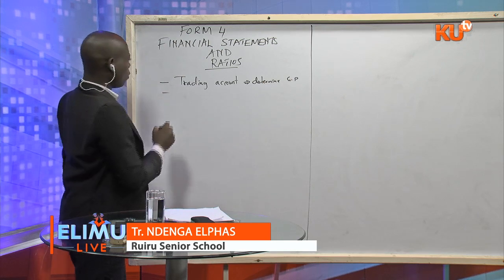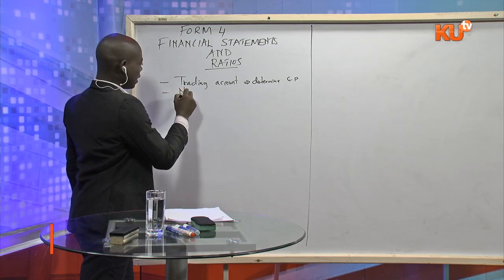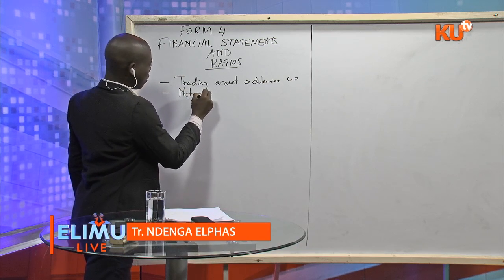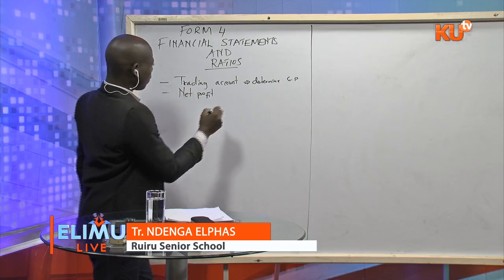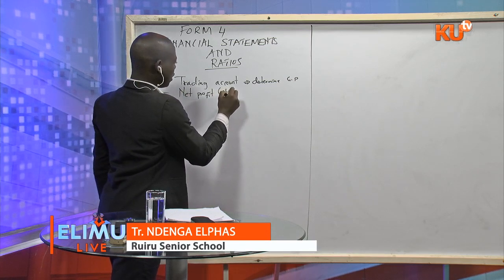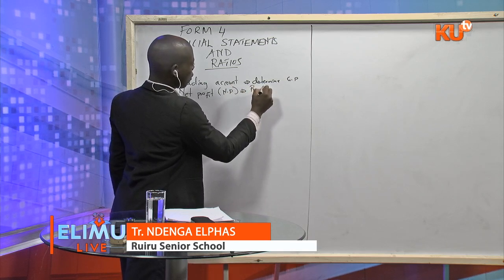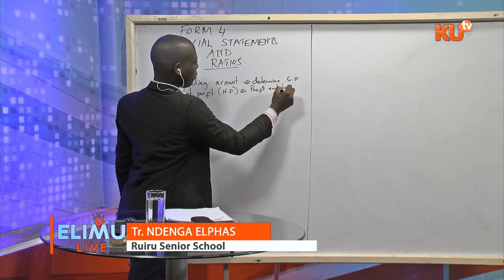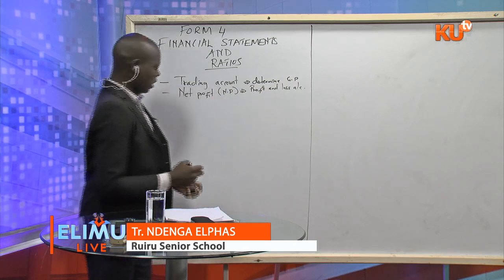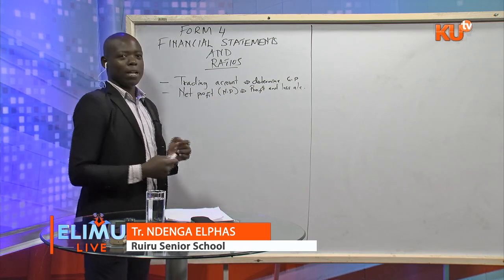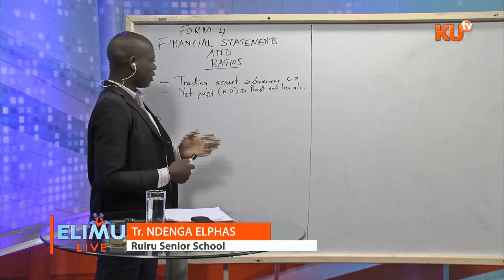Number two, we looked at what we call the net profit. We said it is prepared by a statement we call the profit and loss account. These were two important statements that we prepared in our previous lesson.